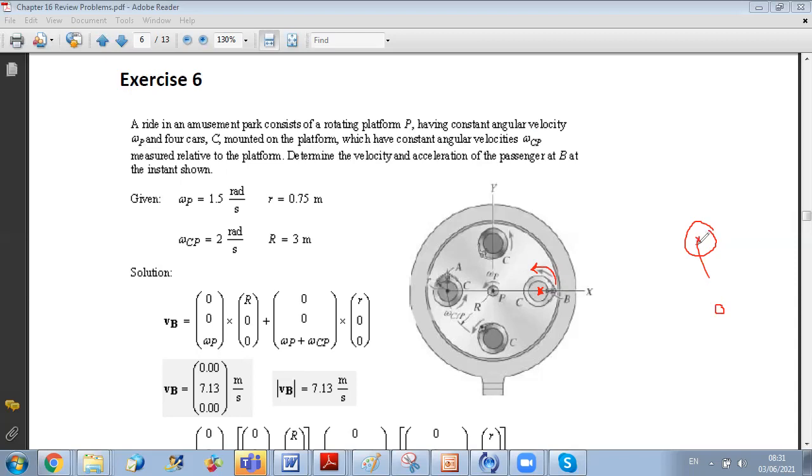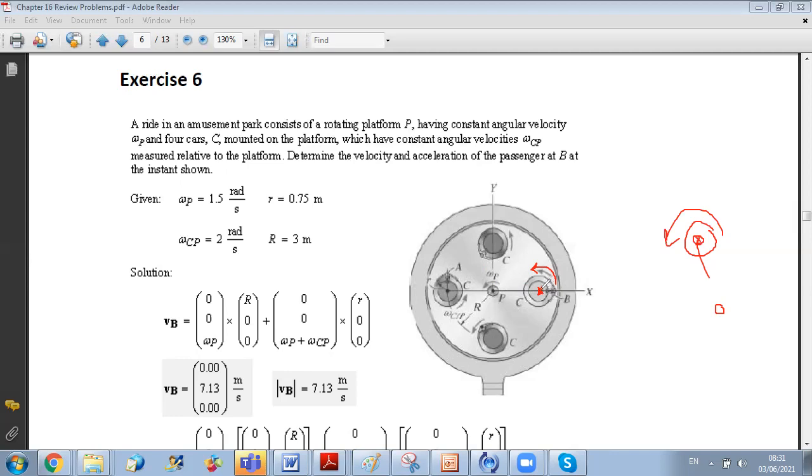So this point will not be affected by the rotation of the body relative to the axis. This point will only have a velocity here due to what? Due to its position on the plate, because this car is placed on the plate.